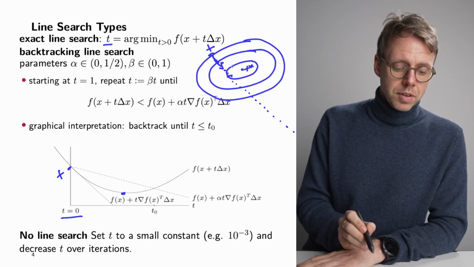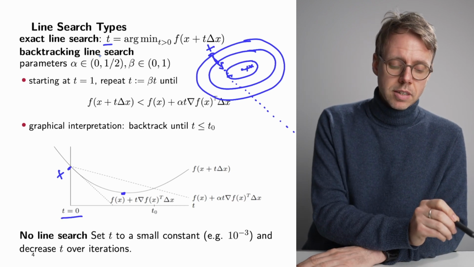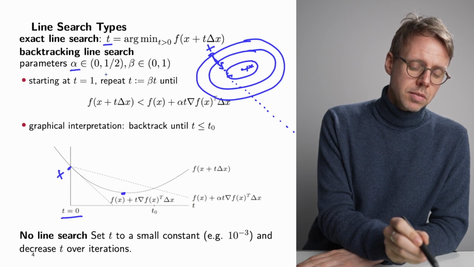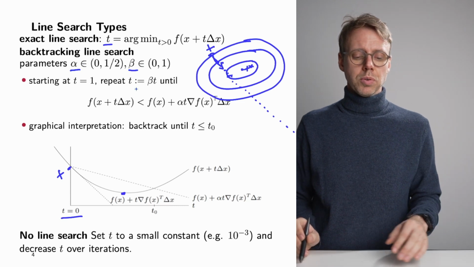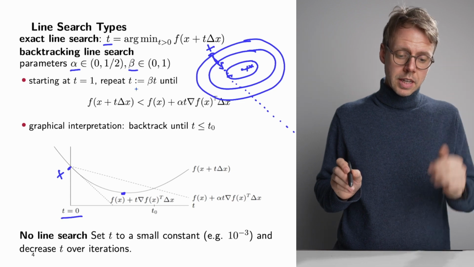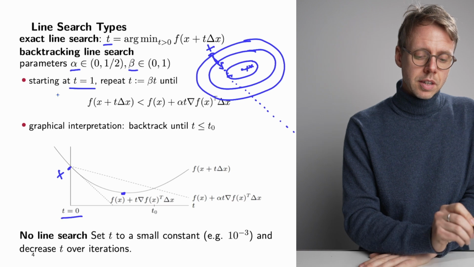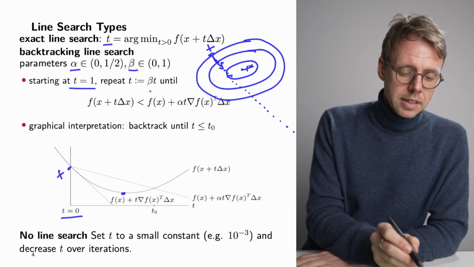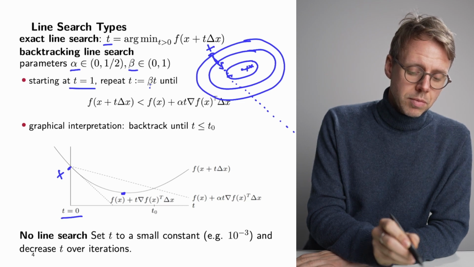And one approximate line search is the so-called backtracking line search, where you introduce two parameters, alpha between 0 and 1/2 and beta between 0 and 1. And what you would do is you would start with t equals 1 and repeatedly multiply t with beta.